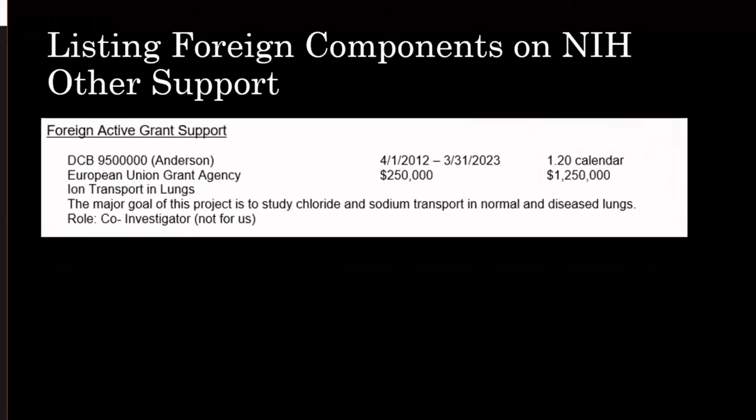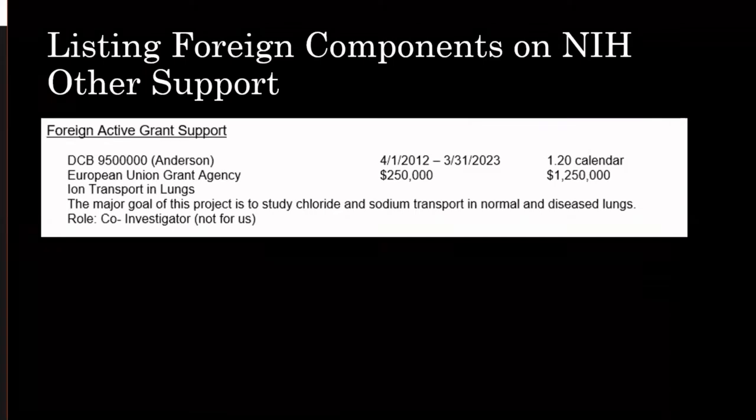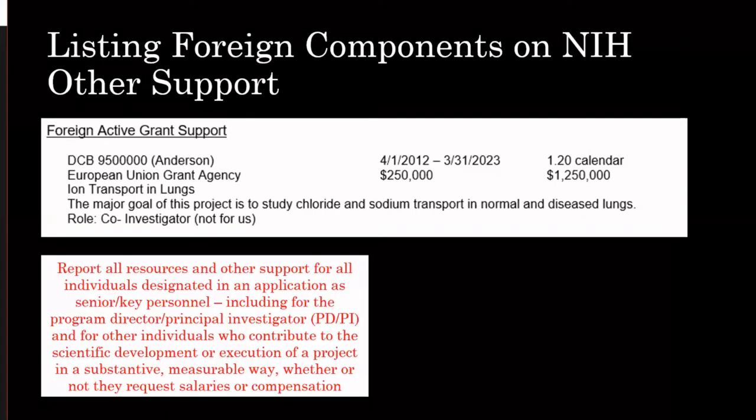Listing foreign components on NIH other support would look similar to this. Report all the resources and other support for all individuals designated in an application, senior key personnel, including the program director, principal investigator, and other individuals who contribute to the scientific development or execution of a project in a substantive, measurable way, whether or not they request salary or compensation.